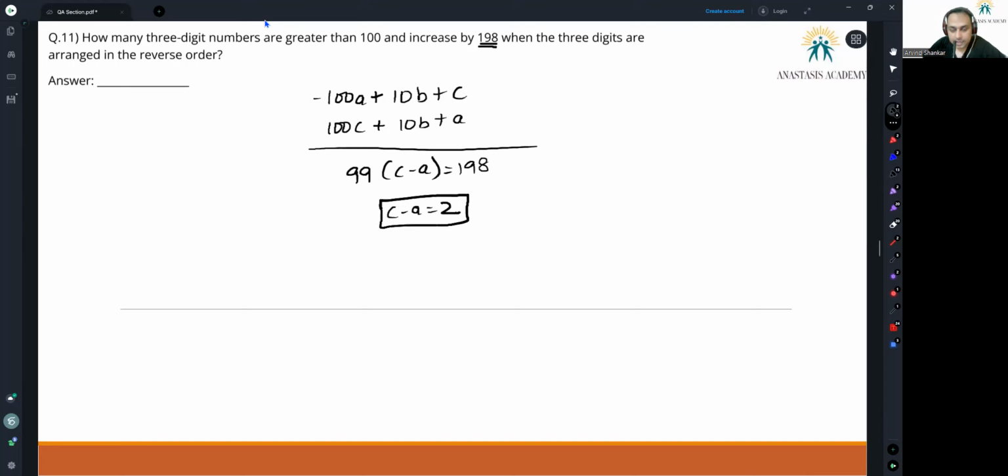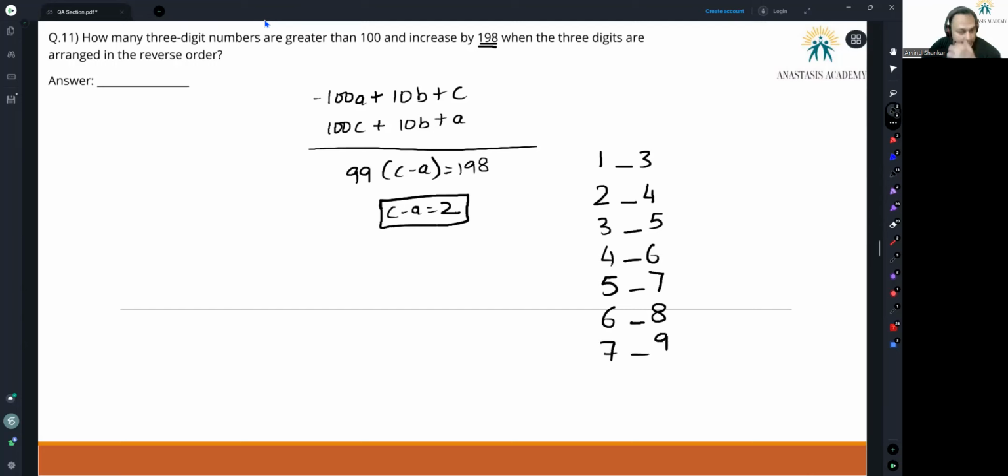If C minus A is equal to 2, the cases that we would have are 1 blank 3, 2 blank 4, 3 blank 5, 4 blank 6, 5 blank 7, 6 blank 8, and 7 blank 9. We cannot go beyond this because the unit digit will no longer be a single digit number.